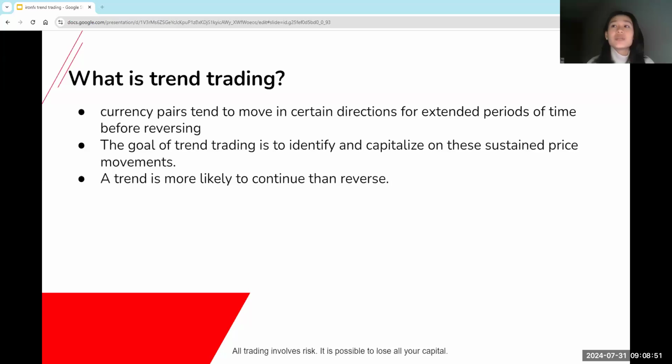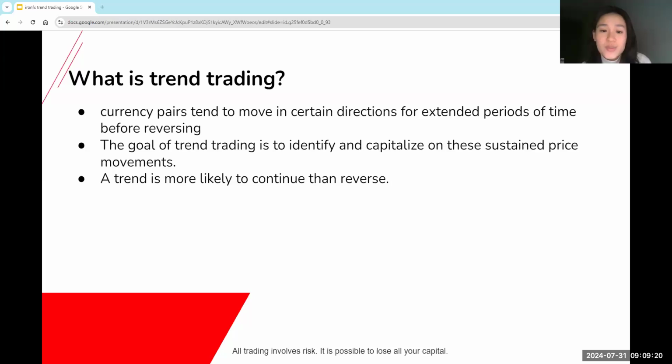It's basically based on the idea that currency pairs tend to move in certain directions for extended periods of time before reversing. These movements can be upward, referred to as an uptrend, or downward, referred to as a downtrend. But the goal of trend trading is ultimately to identify and capitalize on these sustained price movements.